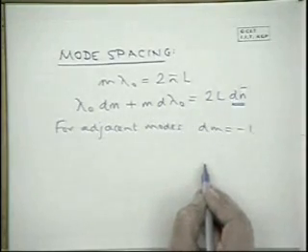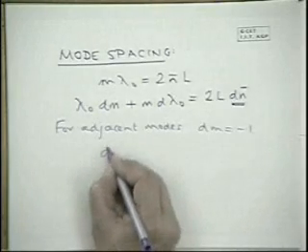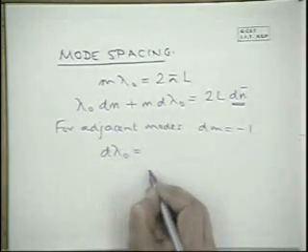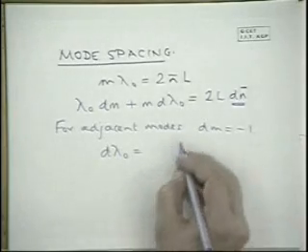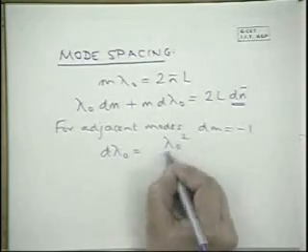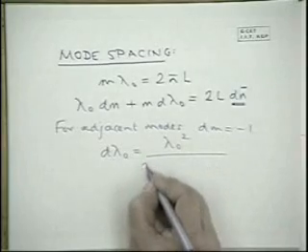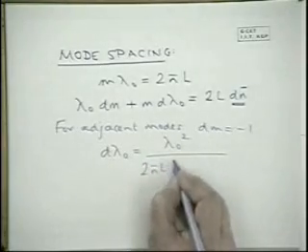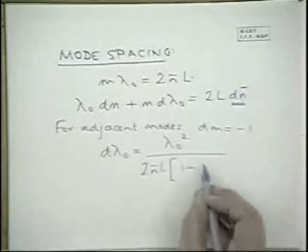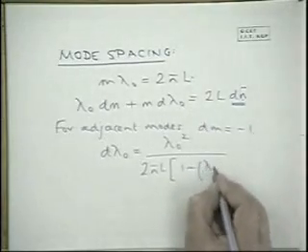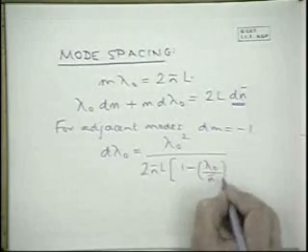Okay, and then we can write that d lambda 0 is equal to lambda 0 squared by twice n bar L. It follows from this and this expression, 1 minus lambda 0 by n bar dn bar by d lambda 0.